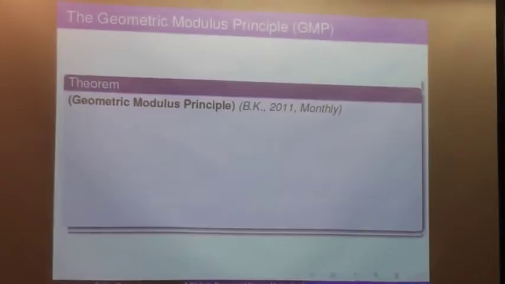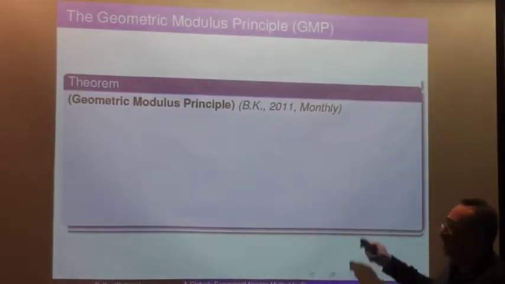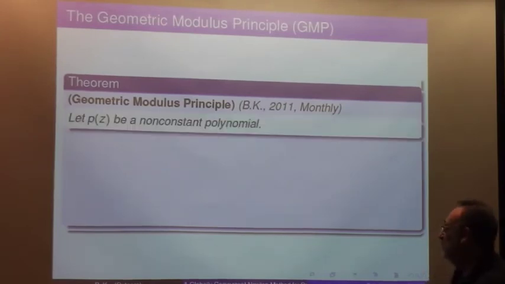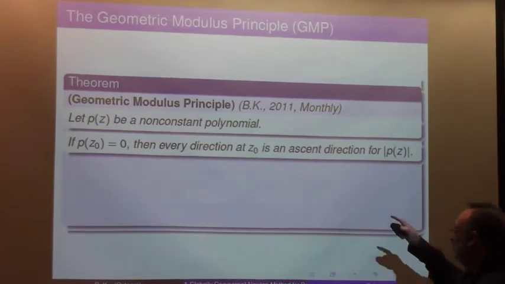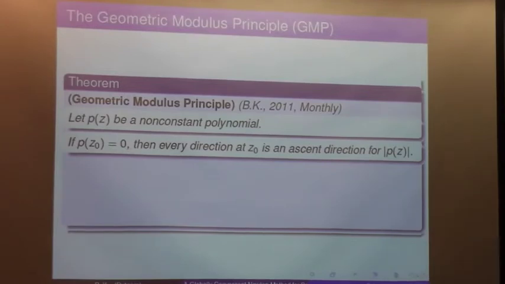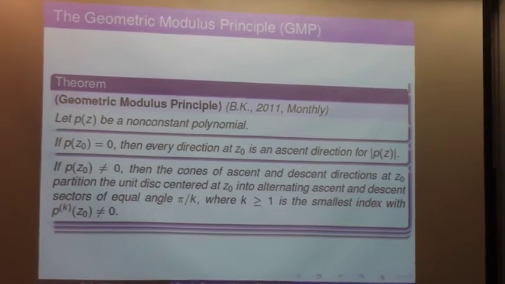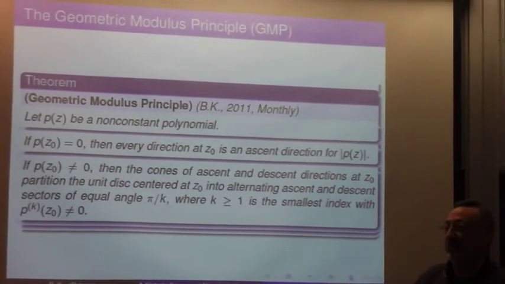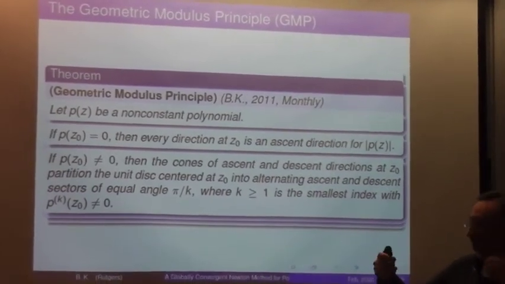This is a geometric modulus principle, as I called it, in 2011, in the Monthly. It says, take any non-constant polynomial, take any point z0 which is not a zero, then every direction at z0 is a descent direction for p of z. That's obvious, right? If it's a root, the polynomial is not constant, so it has to be increasing.